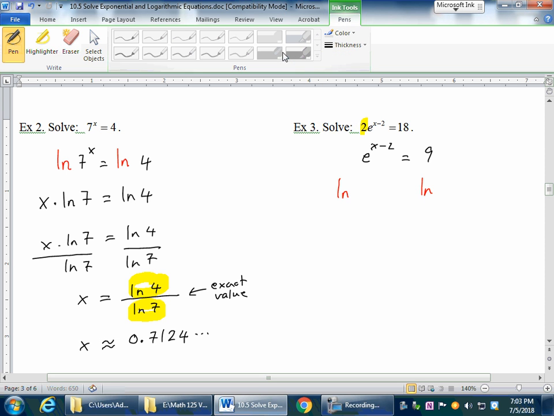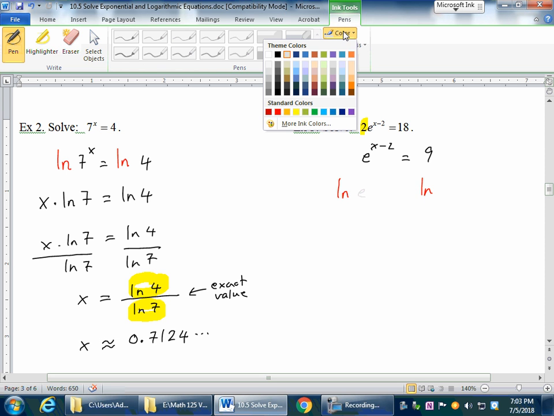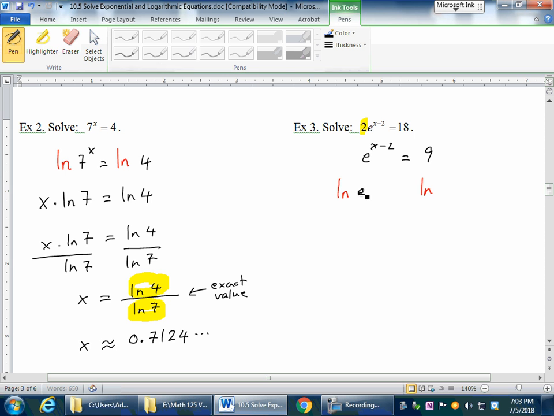both sides, because that's the only way that we can bring down this exponent x minus 2. So from the logarithm property, now I can bring down this x minus 2, the exponent, as a factor, times ln of e equal to ln of 9.